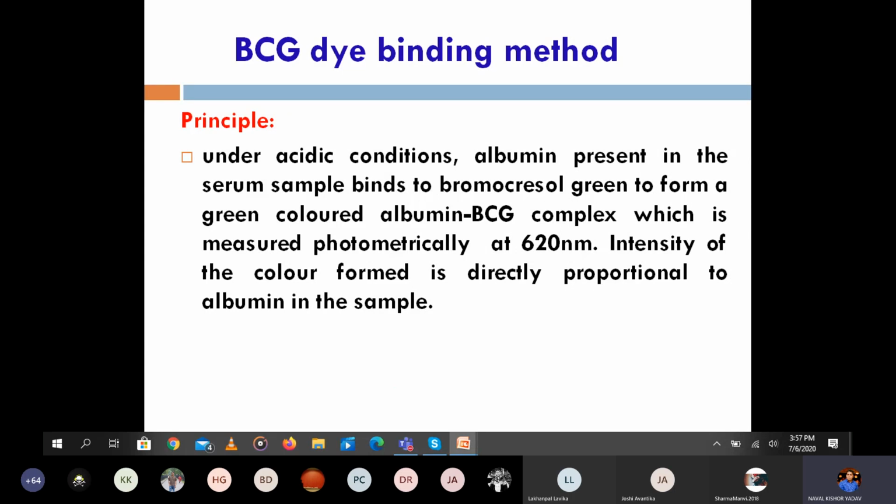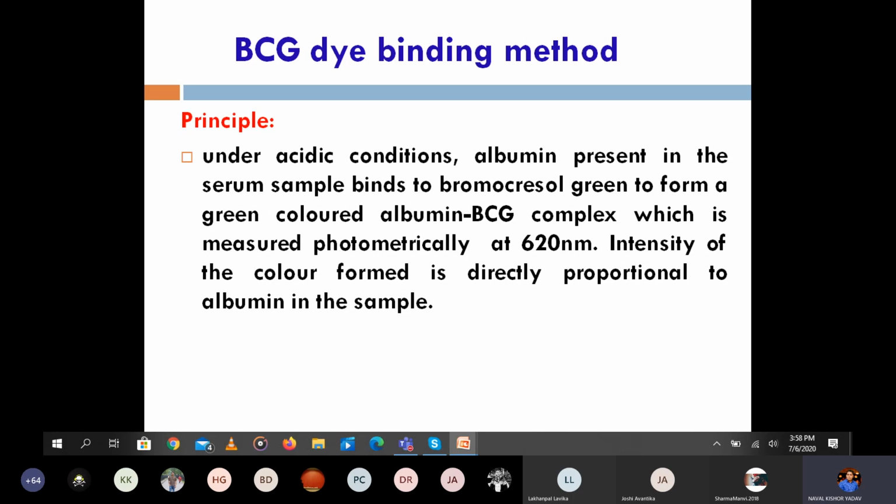As you know by the name, it's a dye binding method. So albumin will bind to the dye, and due to that there is a formation of color, which is measured at 620 nanometer.